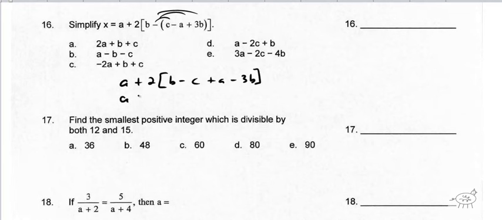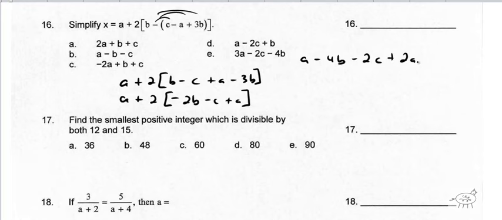Let's combine some stuff together now. B minus 3B is negative 2B, minus C plus A. And then I distribute the 2, so it's A minus 4B minus 2C plus 2A. And I combine it, so 2A gives me 3A minus 4B minus 2C.